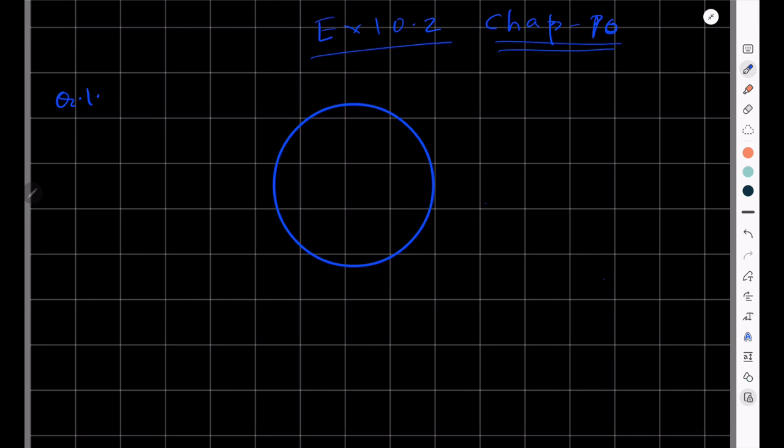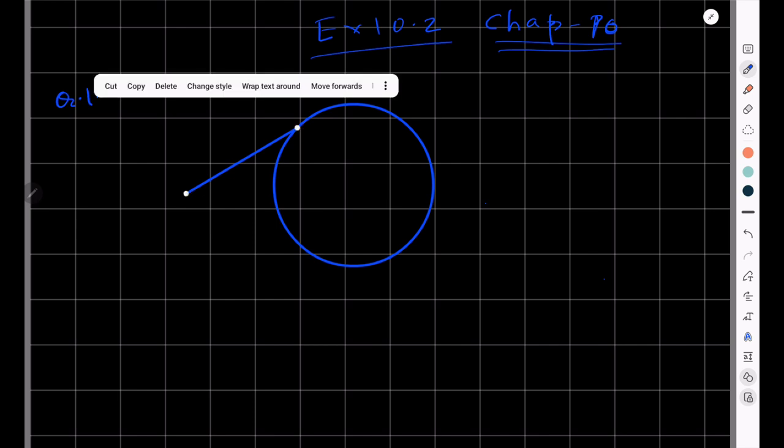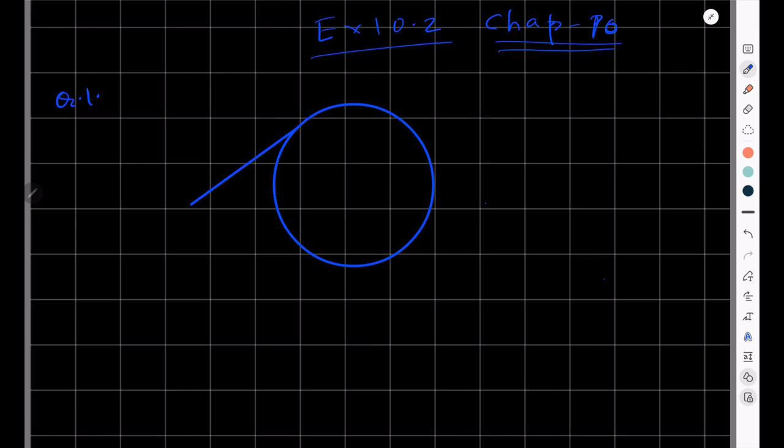So let us assume that this is point Q, which is an external point to the circle, and this is the circle with center.